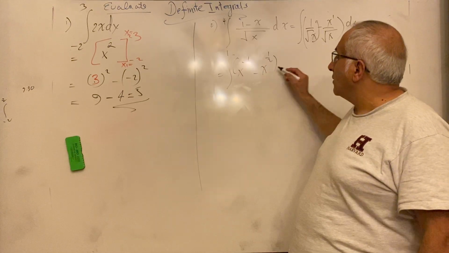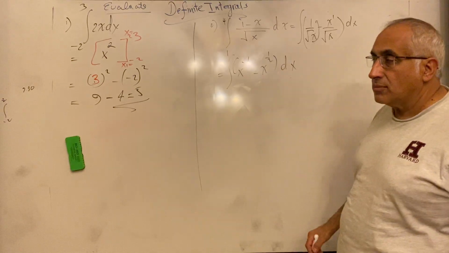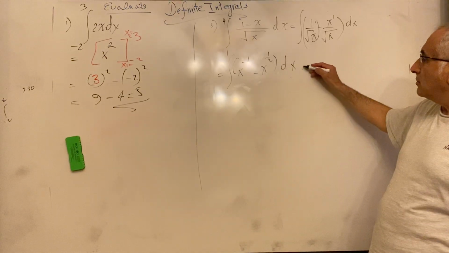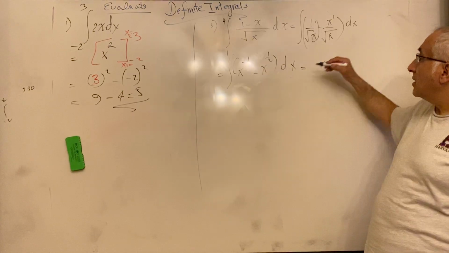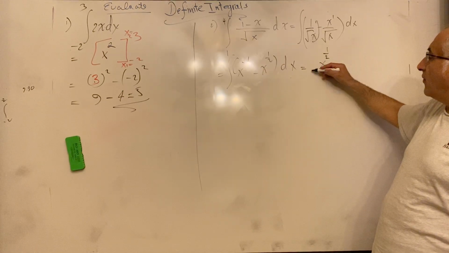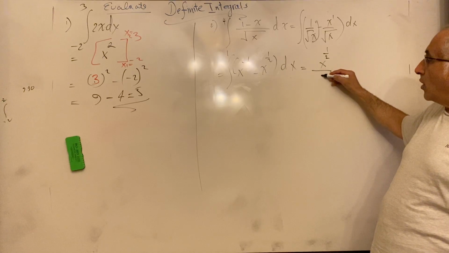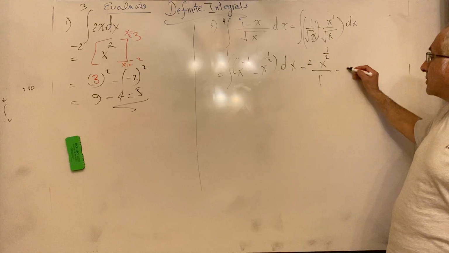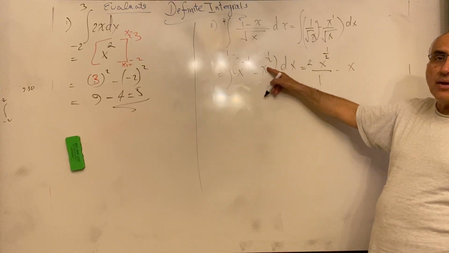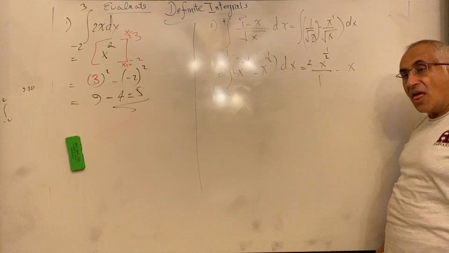Now, my target is to integrate this one. How do we integrate this one? Remember, plus 1 divided by itself. So what is minus half plus 1? It's a half. Half divided by what? By half. 1 over 2, which means 2 over 1. Minus. What is integration of x power half? We add 1. What's half plus 1? 3 over 2.